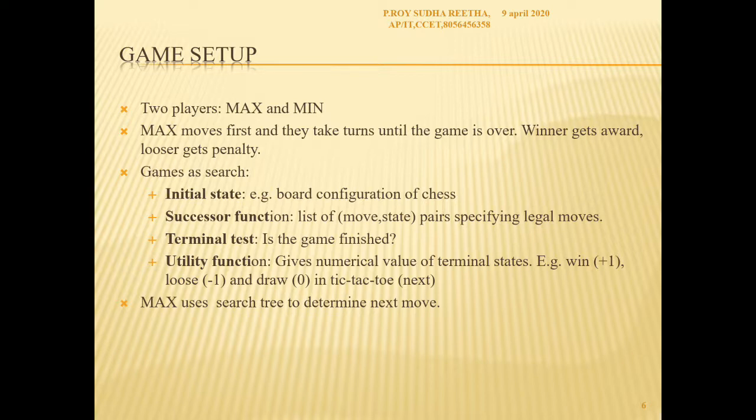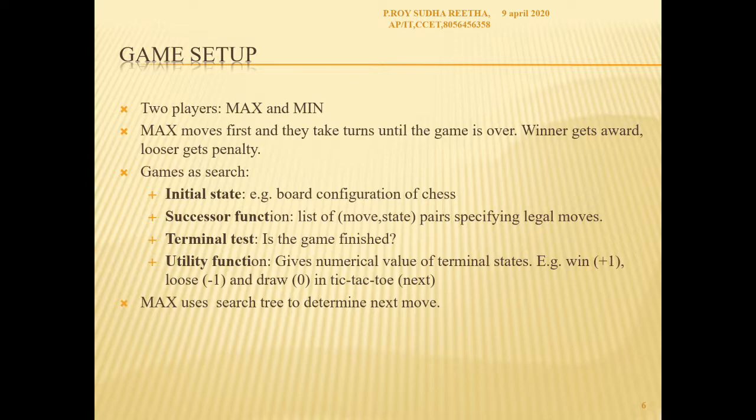And what are the various elements we have in this game: the initial state, which is the initial stage of how we start the game, and the successor function, which is the move from one state to another. The terminal test checks whether the game has reached its end, that is, whether the game is finished or not.